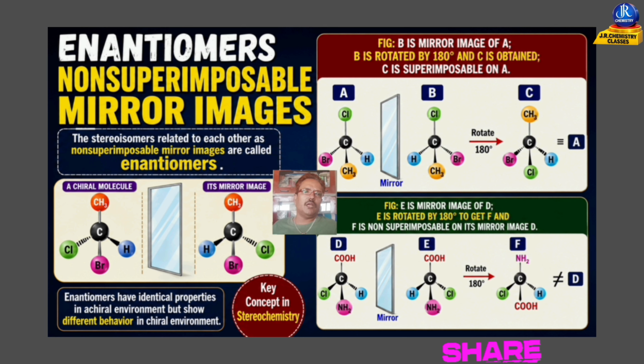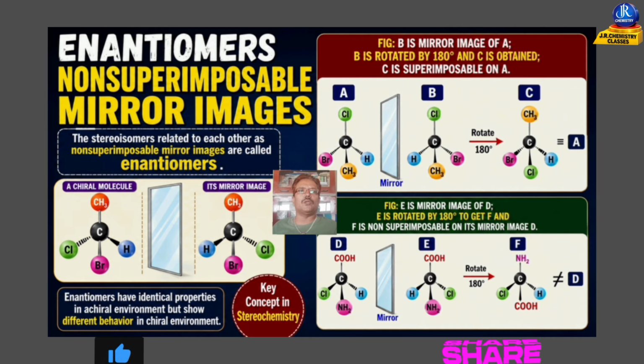enantiomers. In the figure, a chiral molecule and its mirror image, A and B. In the figure, B is the mirror image of A. B is rotated by 180 degrees and C is obtained.